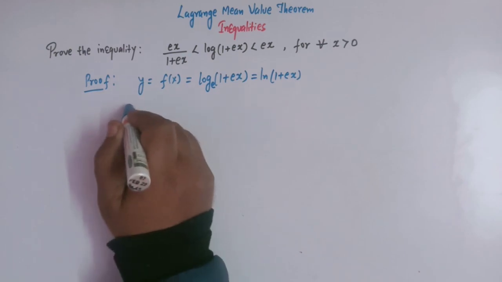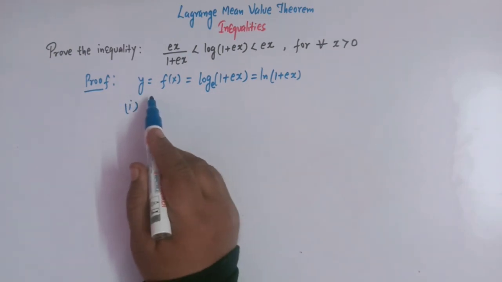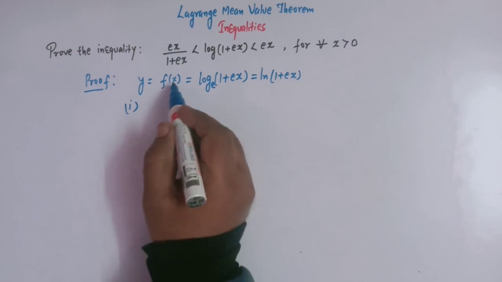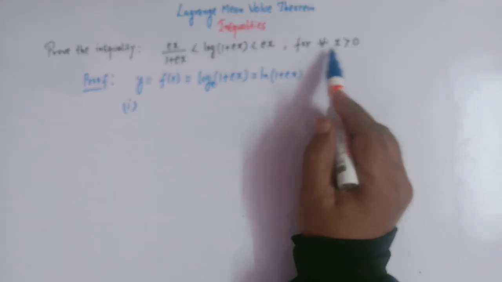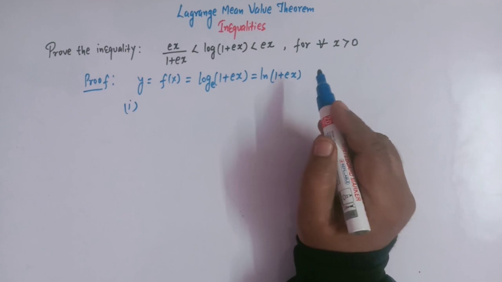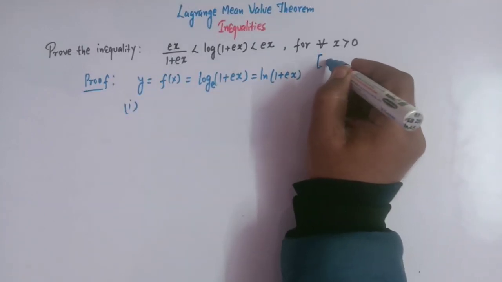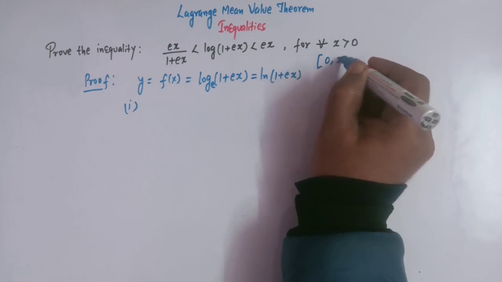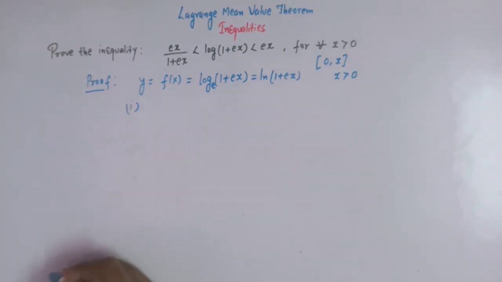So let us see the first condition, right? So the first condition is that this function f of x should be continuous for all x greater than 0, right? So here let us take the interval that is 0 to x, right, where x is greater than 0, right?